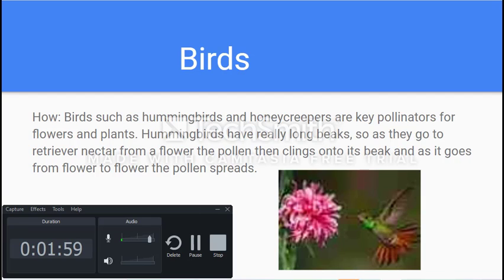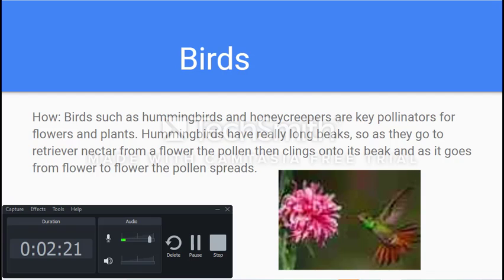Not really, but it kind of does something similar, as it has a long, sharp beak that is very thin. So the more plants that it visits, the more pollen that builds up on the beak that will then spread from plant to plant and flower to flower. And that is how some of the birds pollinate, particularly smaller birds, not very large. Hummingbirds are really small.